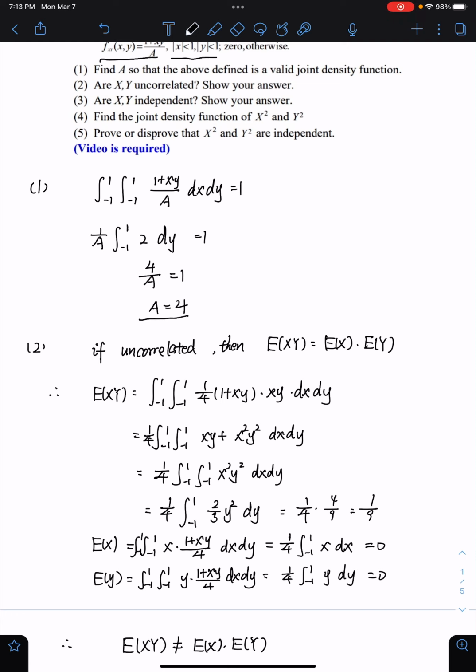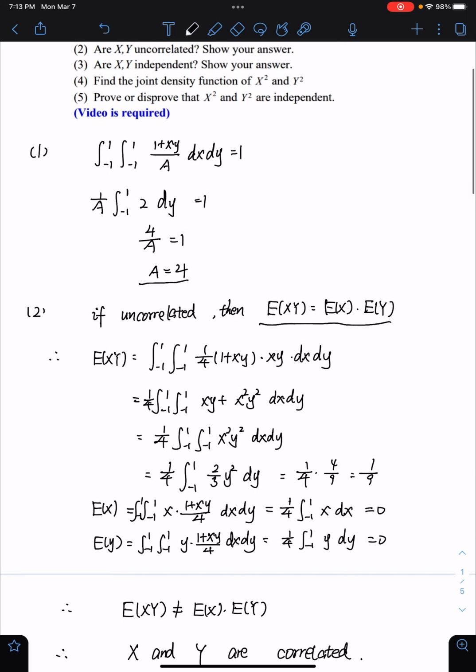The second question is to justify whether x and y are uncorrelated or correlated. First we look at the definition of uncorrelated, which is that the expectation of xy should be the product of the expectations.